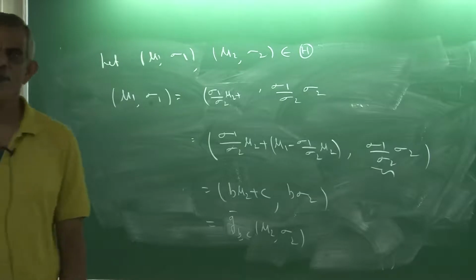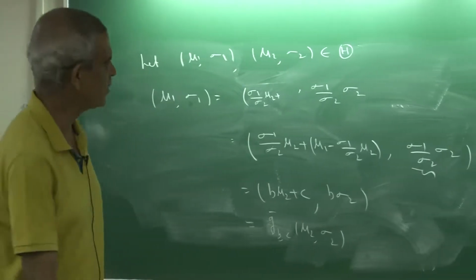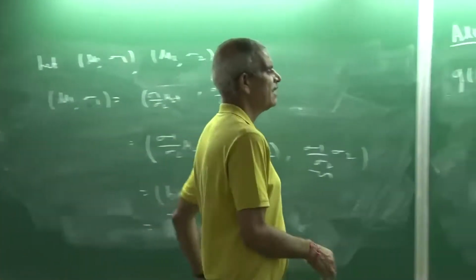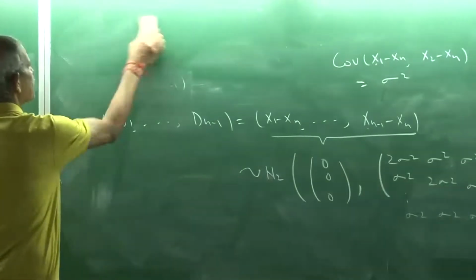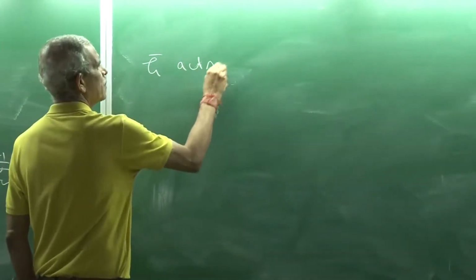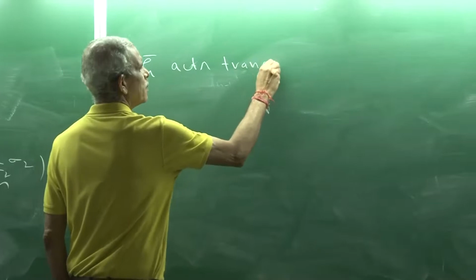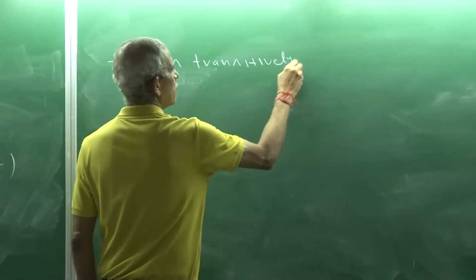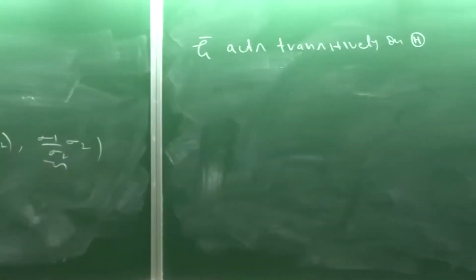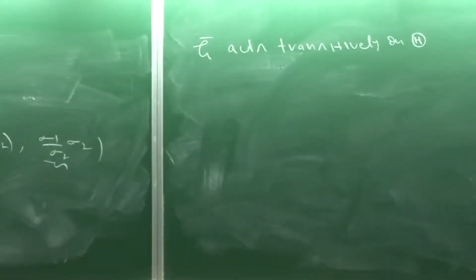So any two parametric points are related through the transformation G bar bc. What does that suggest? That suggests that G bar acts transitively on the parameter space, and as a consequence of that, you can say that the risk of any invariant estimator is constant.